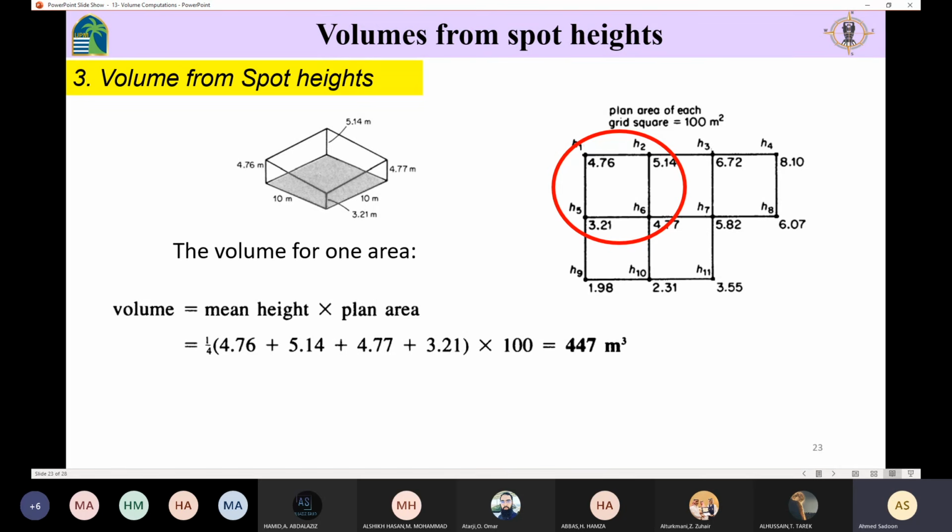If I have 3 heights, then it's going to be divided by 3. And the plan area here is 10 times 10. So the volume for this is going to be the mean height times the plan area. But this is only for one spot, for one part. I need to do this for this part and for this part and so on.